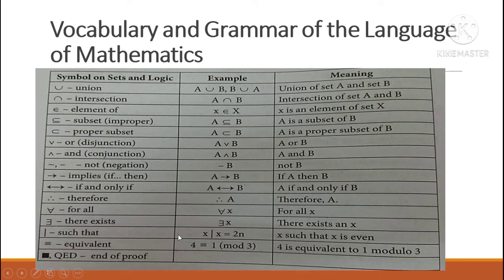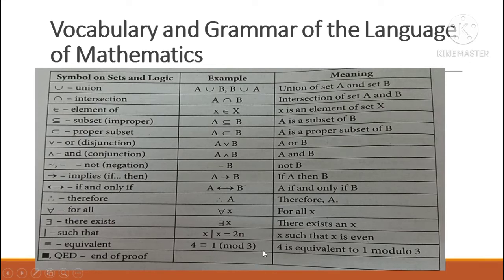So this one is such that. So such that x is even. This one is equivalent, so 4 is equivalent to 1.